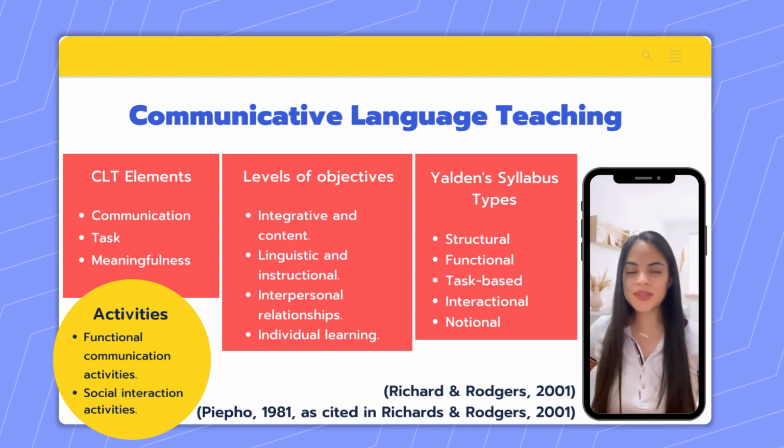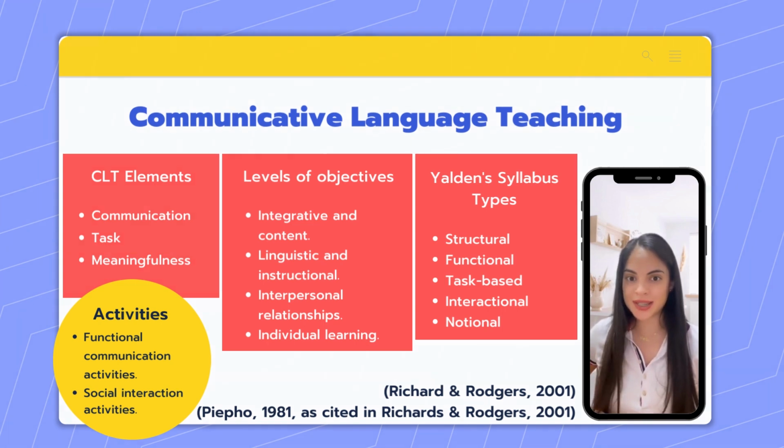Regarding communicative syllabus types, Richards and Rodgers mention Jordan's classification, which are structural, functional, task-based, interactional, and notional. The frequent activities in this approach are functional communication activities and social interaction activities.